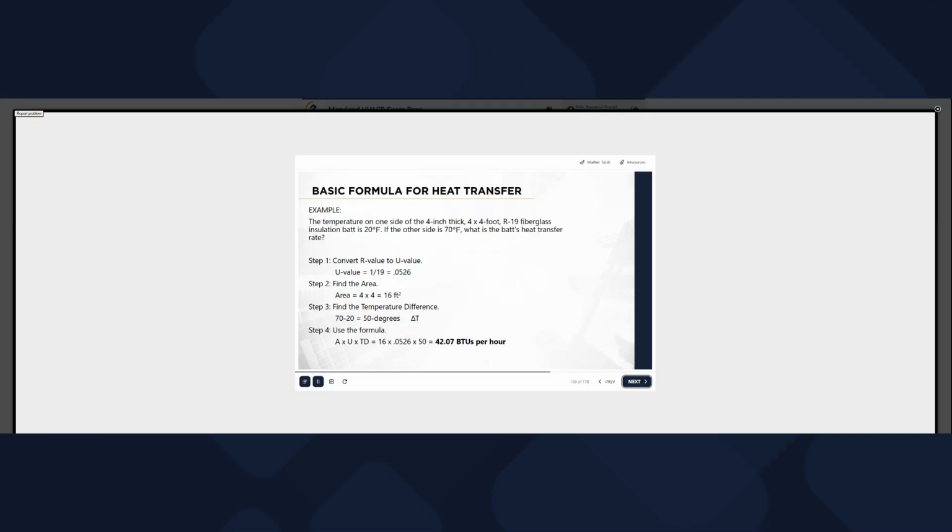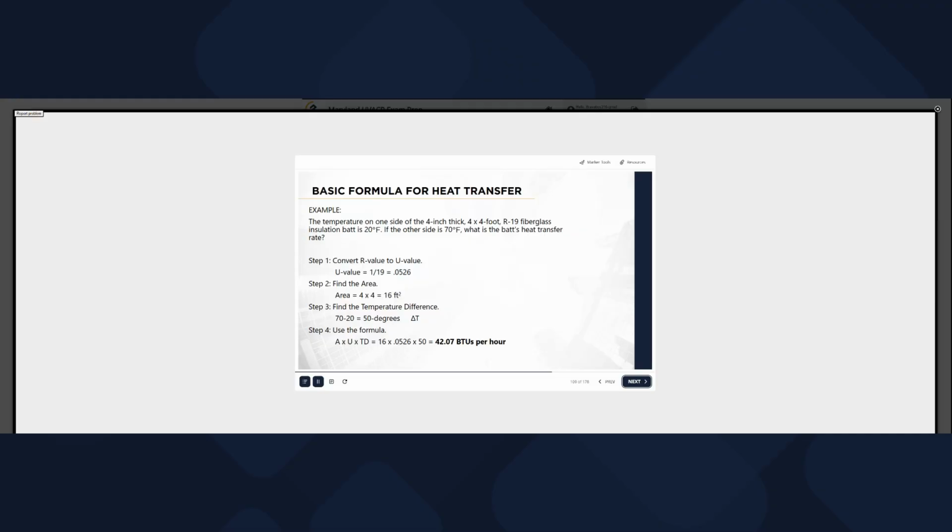U value is 1/19, which equals 0.0526. Step 2. Find the area. The area dimension is 4 feet by 4 feet, so the area is 16 square feet. Step 3. Find the temperature difference. 70 degrees minus 20 degrees makes the temperature difference 50 degrees.